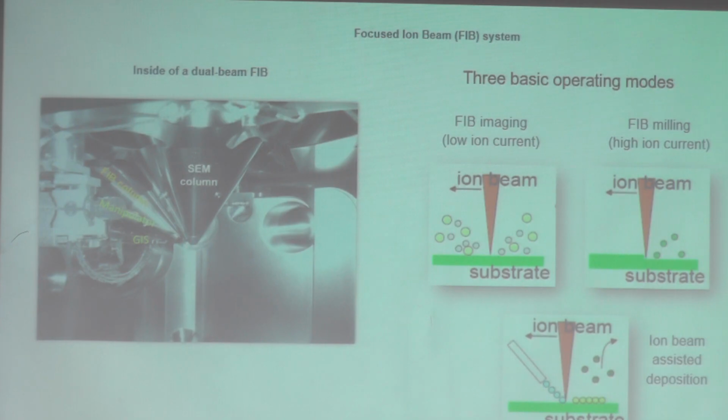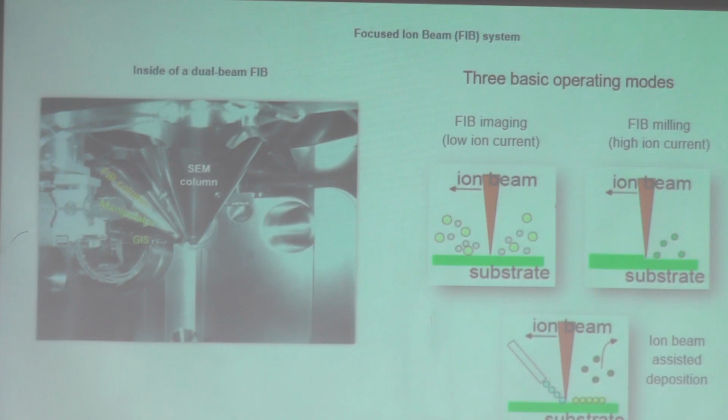Why? Because with the focused ion beam you can do three things, different operation modes. One, if you use low ion current mode, then you can make FIB imaging, but because the size of the ion beam is much larger than that of an electron beam, the resolution will not be so good. Then if you increase the ion current, you can remove material from the surface.